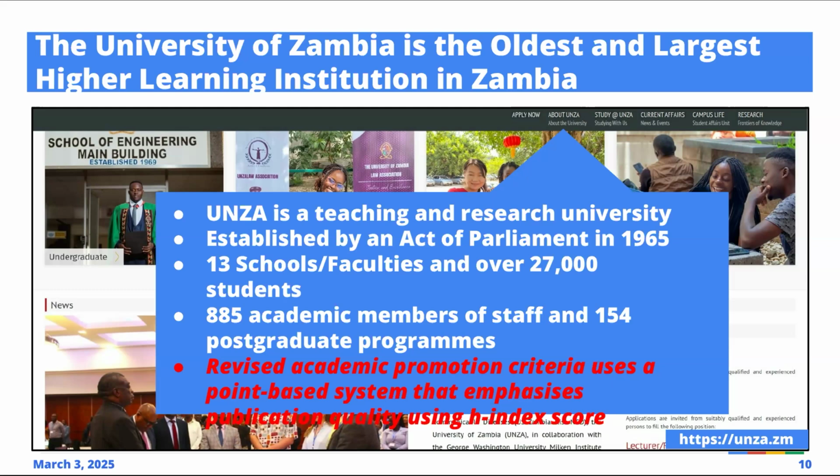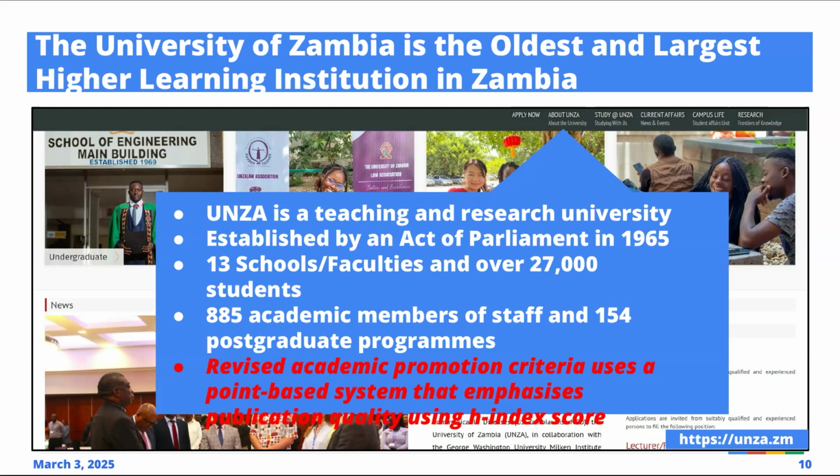What's particularly interesting about the UNZA, at least as it relates to scholarly research publications, is that as of 2017, or is it 2018, the academic promotions criteria was revised. It was revised in such a way that the focus now is on what's called the point-based system, which covers crucial areas such as community engagement, consultancy, teaching, and more importantly, research.